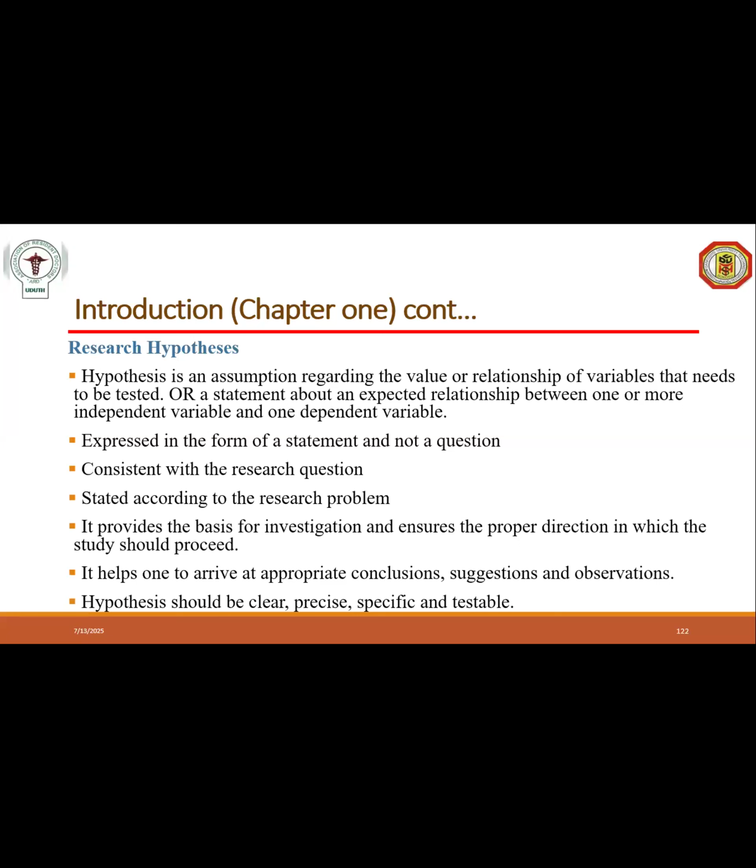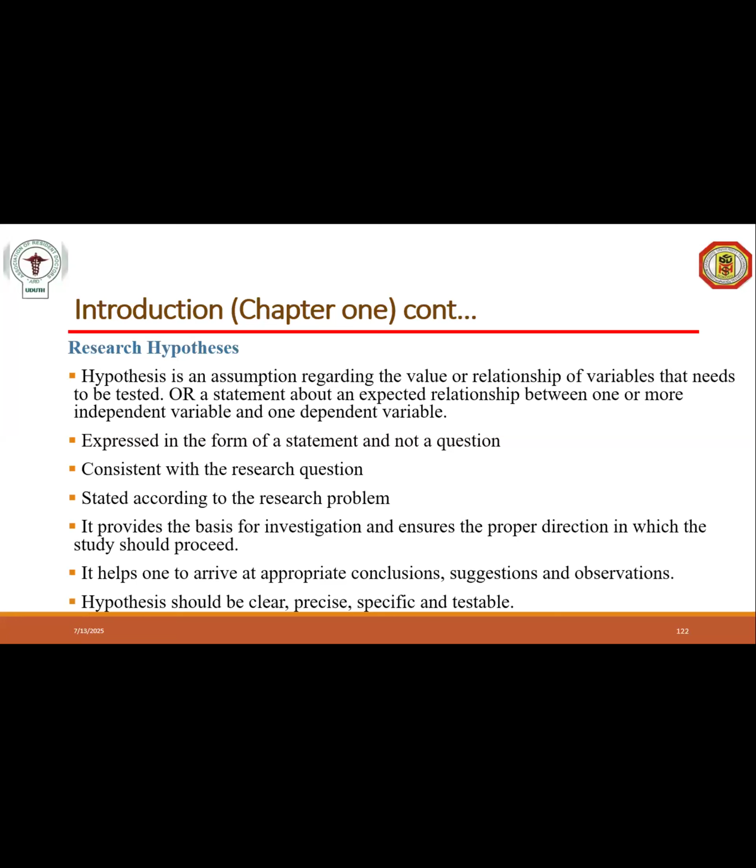You have seen that. So now, in the research hypothesis, not all objectives have research hypothesis. The objective that must have research hypothesis is the objective that needs statistical test to be assessed.